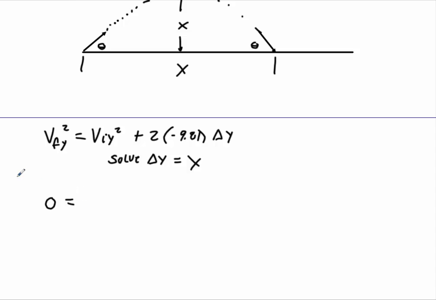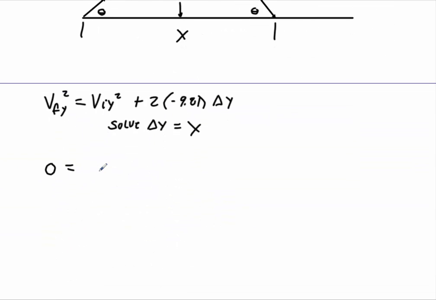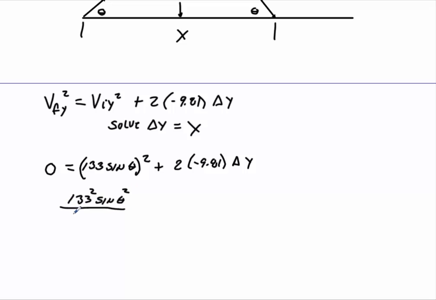Our Vi initial is going to be 133 times the sine of theta. We'll square that. Plus 2 times negative 9.81 times delta y. Solve for delta y. Move this to the other side. Obviously the negatives are going to cancel out. That gives me 133 sine of theta, squared, all over 2 times 9.81, equal to delta y.